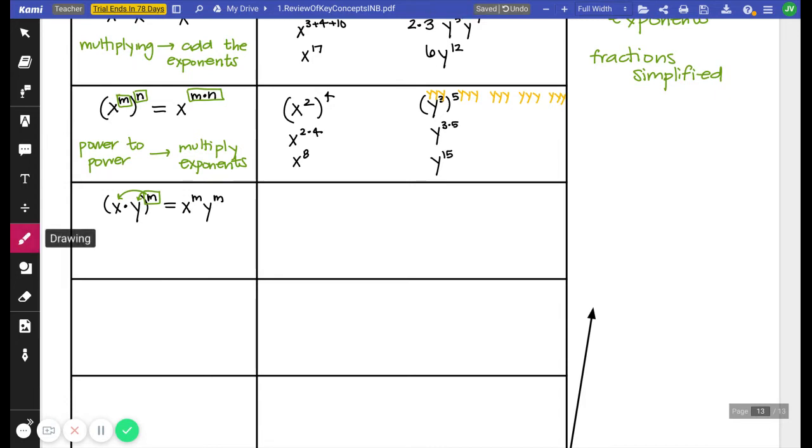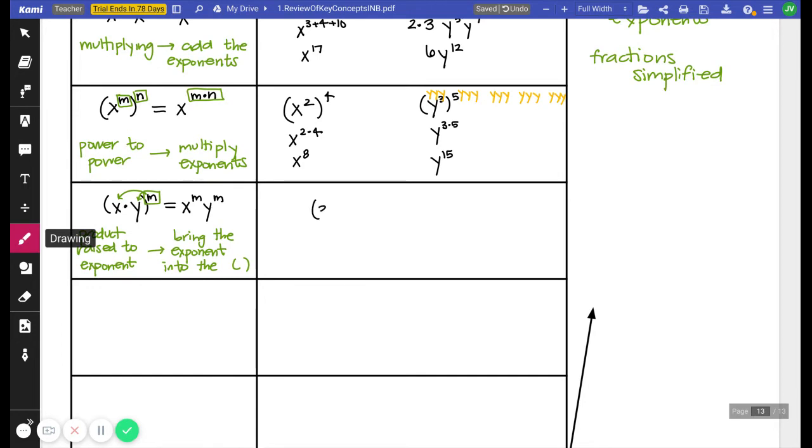So if I have a product, in other words, multiplication, raised to an exponent, bring the exponent into the parentheses. Here's what I mean.